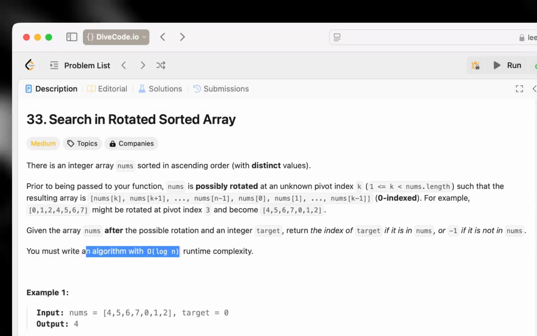Okay, so first of all, my first question would be: we can have any numbers in there, but they are sorted, right? And I would ask what the limits for the given numbers are.